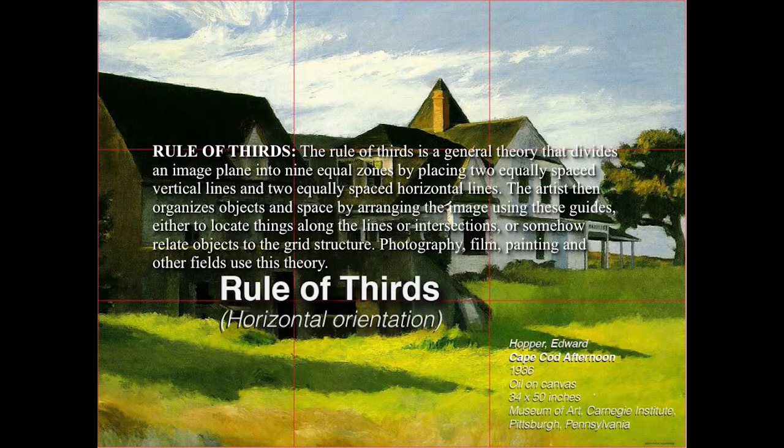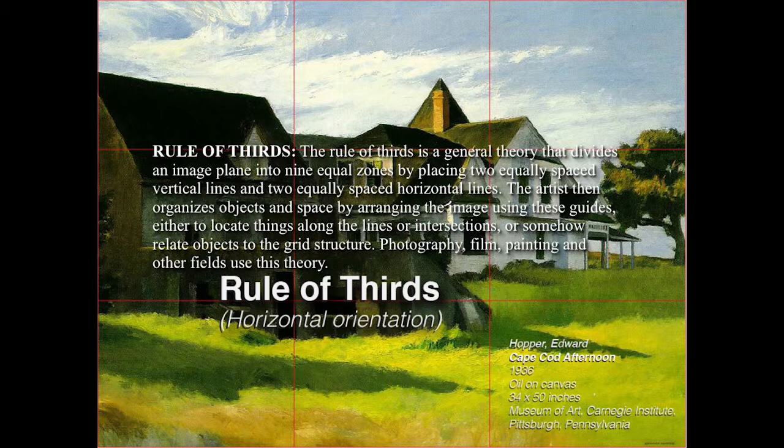Now for composition and design, you want to remember it's important how you organize your space. And one of the ways we talked about organizing the space is to use the rule of thirds. It's a general theory that divides an image plane into 9 equal zones by placing 2 equally spaced vertical lines and 2 equally spaced horizontal lines.